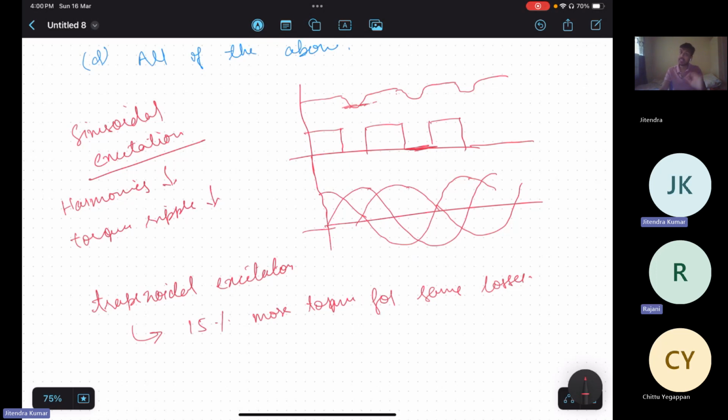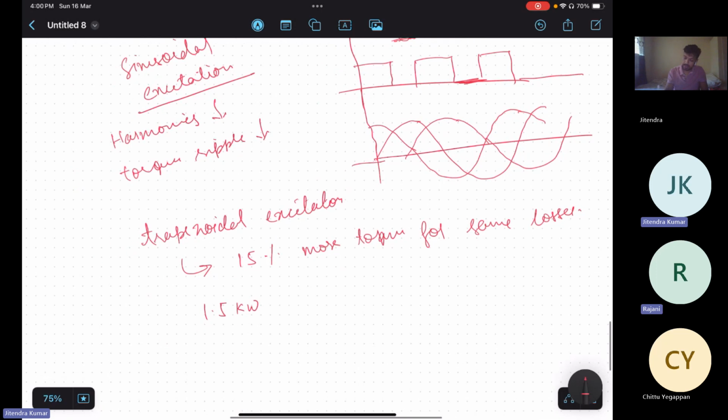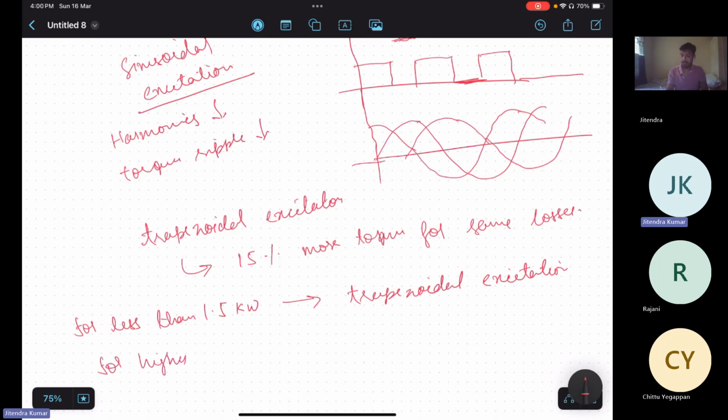But generally in industry, the trend has been seen that for low power, less than 1.5 kilowatt, trapezoidal excitation is preferred, and for higher power, because when higher power comes into the picture, we cannot afford so many harmonics and torque ripple itself.